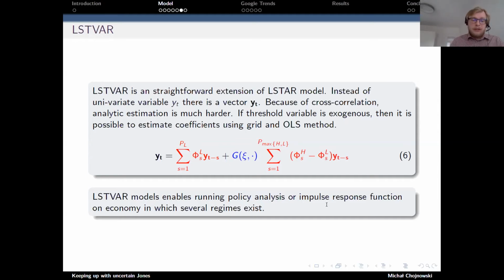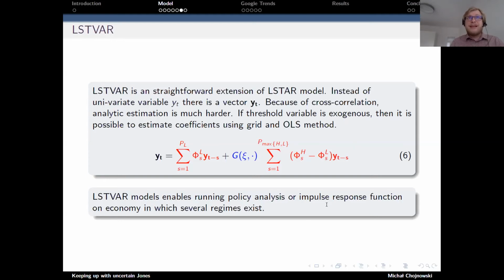And usually the vector autoregressive model is not used that often, both in economic policies and also in market analysis, because the correlation between those components actually makes the computations much more complex than for single univariate variables.